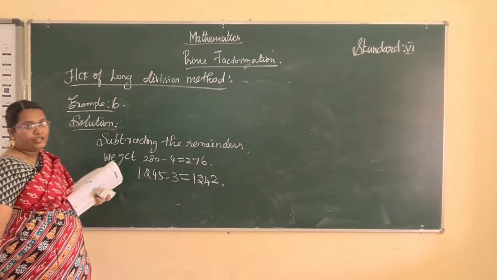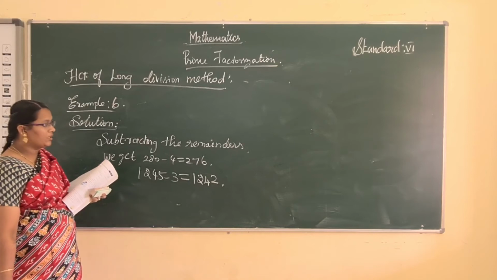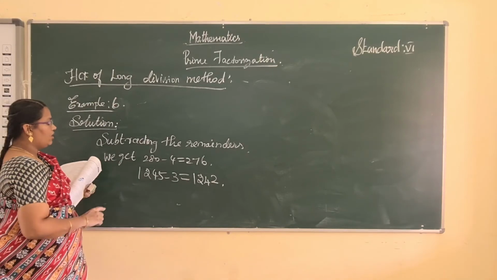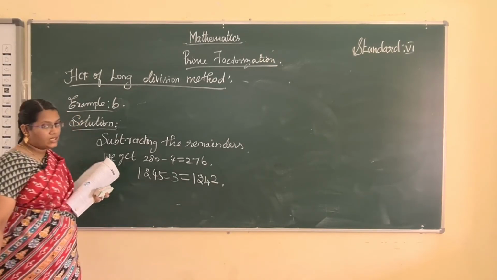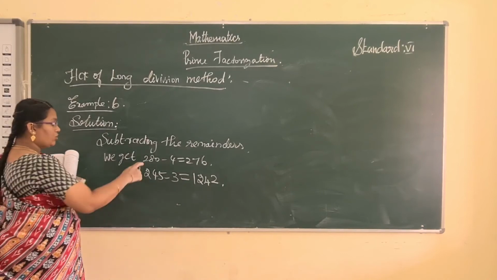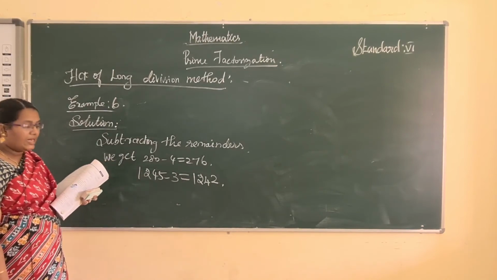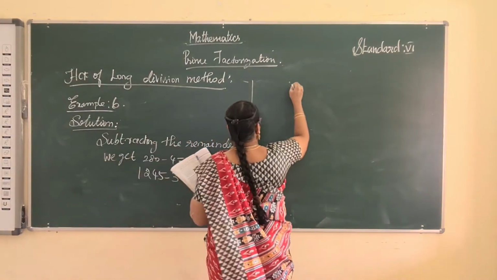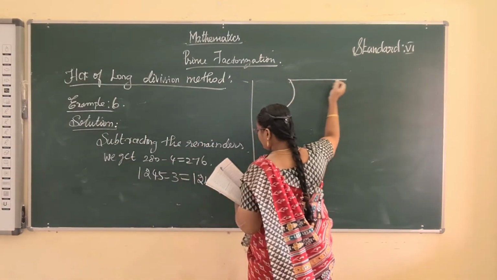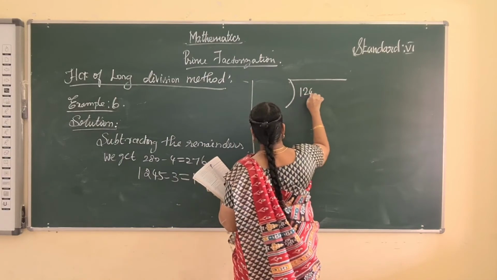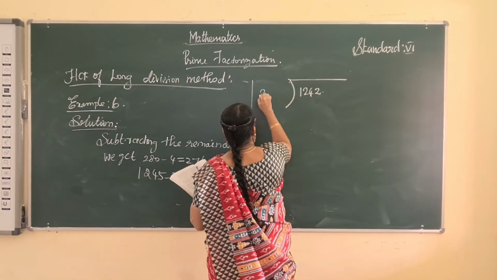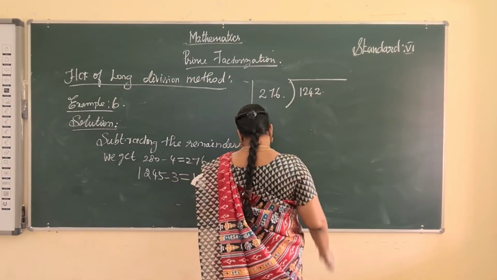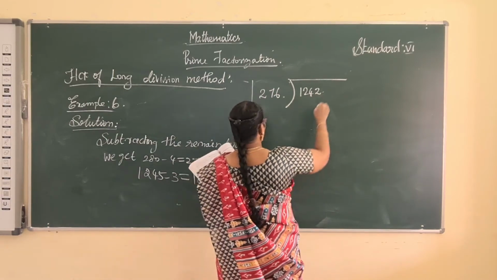Now as usual we find it by the long division method. Which one is the largest number? This number is considered the dividend, and 276 is considered the divisor. So how many times is it possible? 4 times is possible.